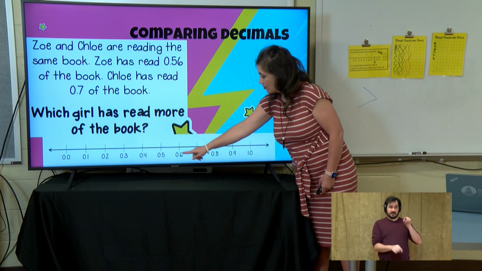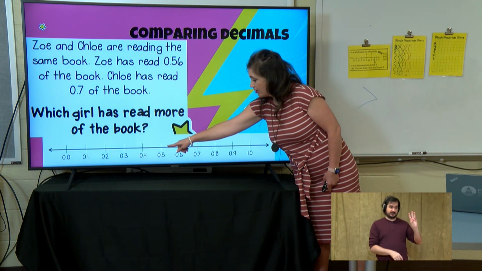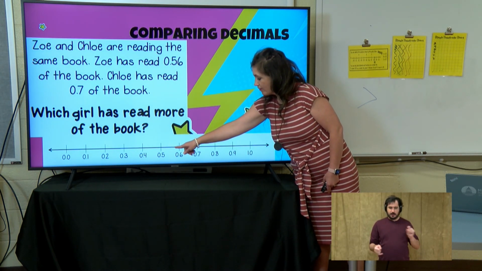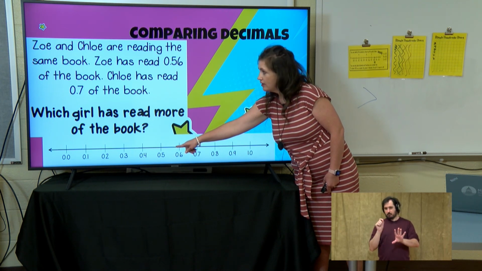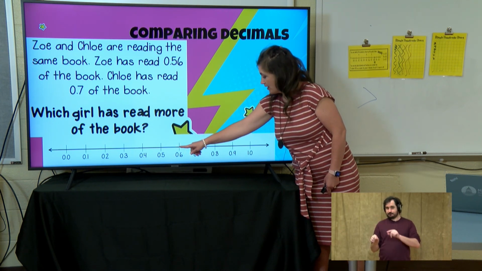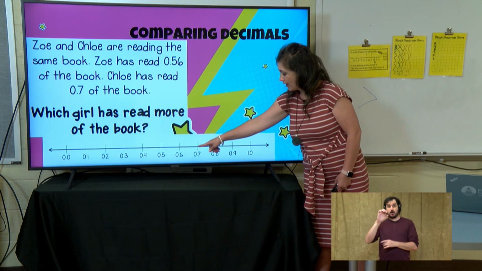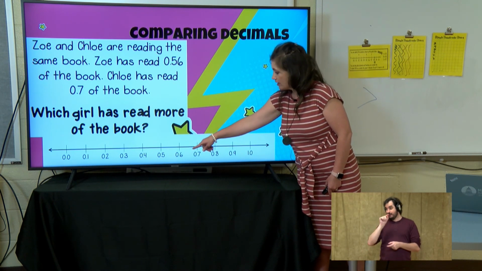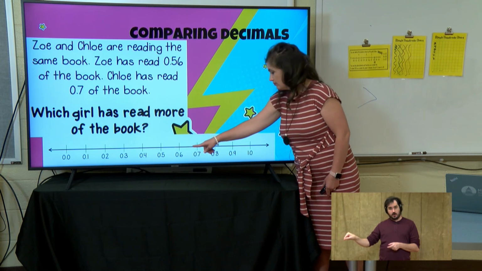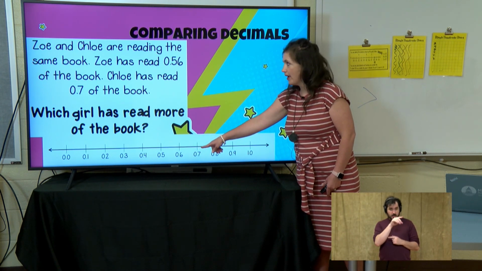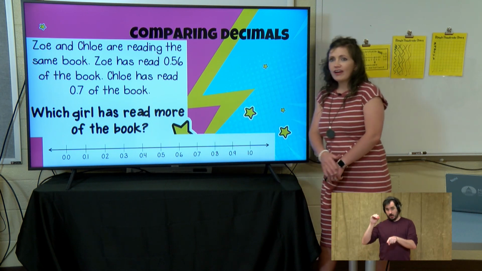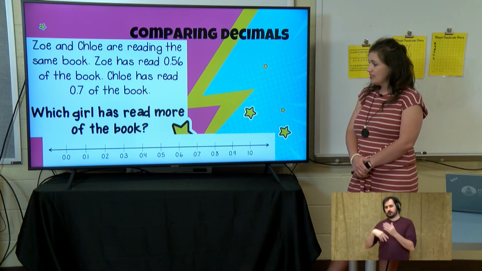So let's look at the number line. Here's 5/10. So I'd go 6 jumps after 5/10. About right here would be 56 hundredths. And then Chloe has read 7/10, so that would be right here. So did Zoe read more or Chloe? Chloe has read more.